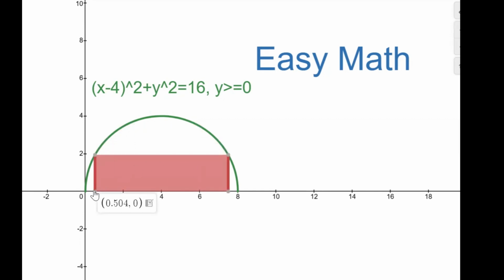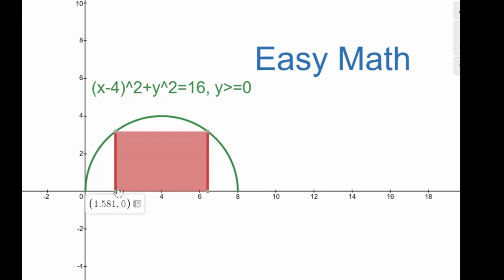Here, the point A, x equals 0.504. Now here, x equals 1.581.